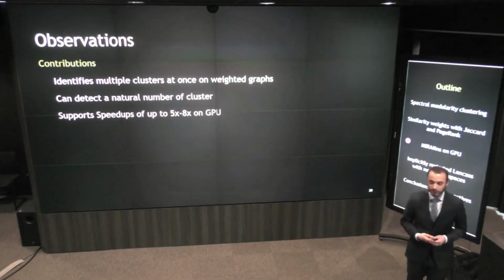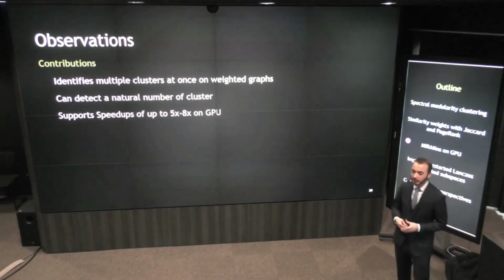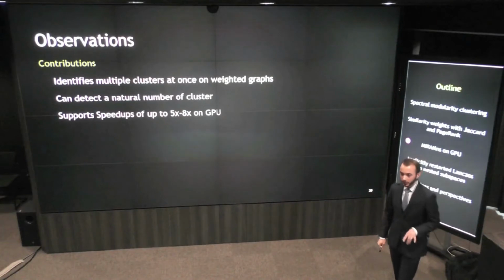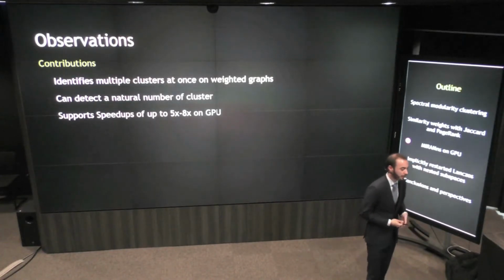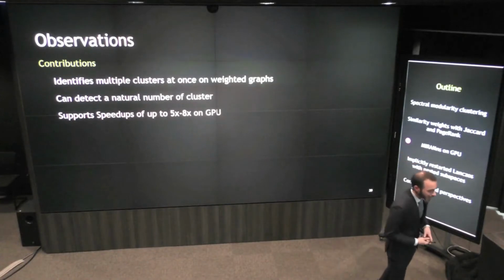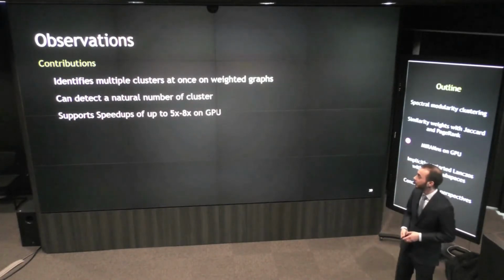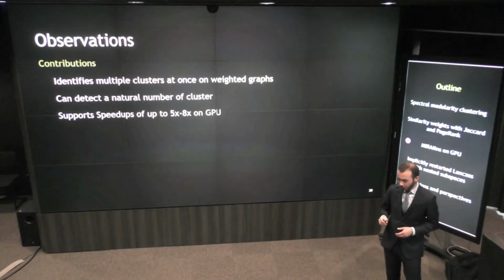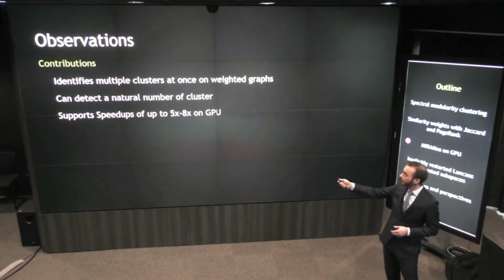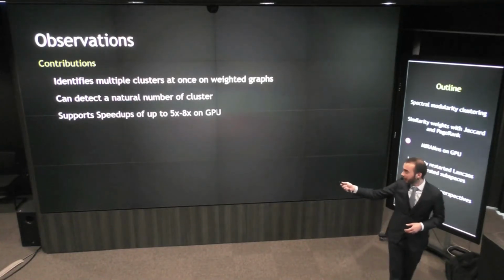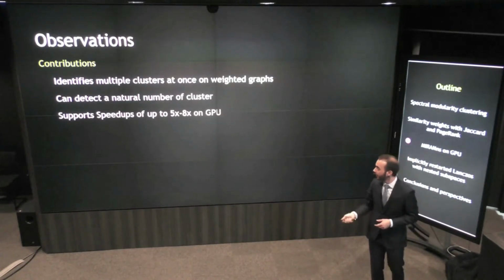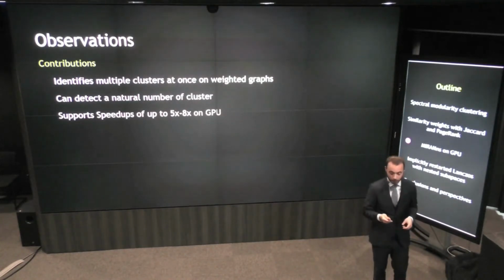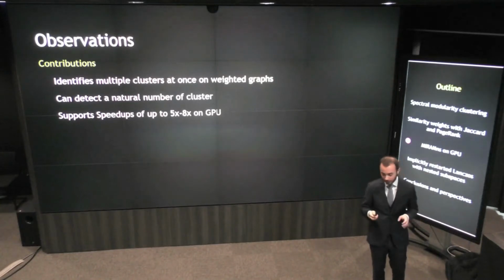We can detect the number of natural clusters by keeping the number of eigenvalues constant and varying the number of k-means clusters in order to just pick the best clustering score. And we also have speedup of 5 to 8x on GPU. So I showed the result for 5x. For 8x, it's comparing against another GPU work on agglomerative scheme.